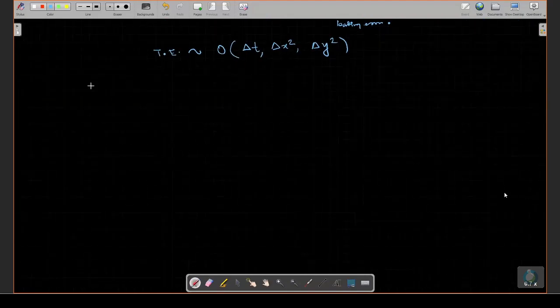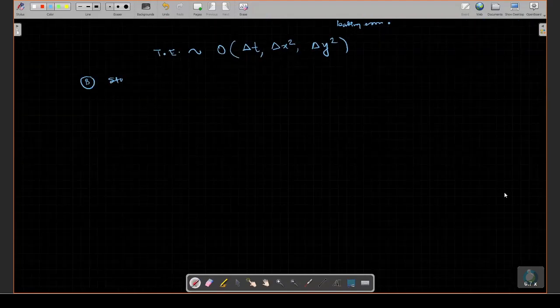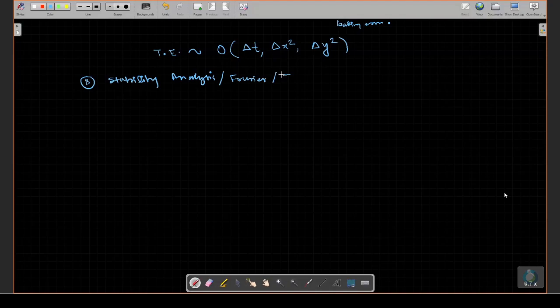B, stability analysis. Stability analysis means von Neumann analysis or Fourier analysis. Von Neumann analysis.